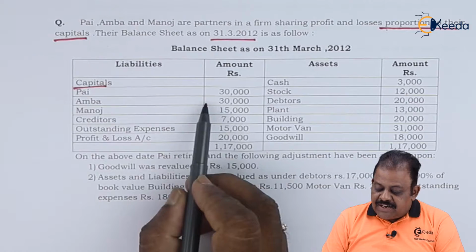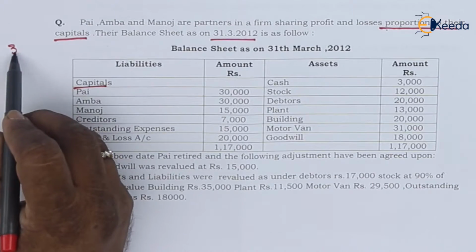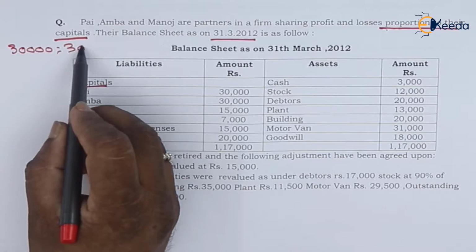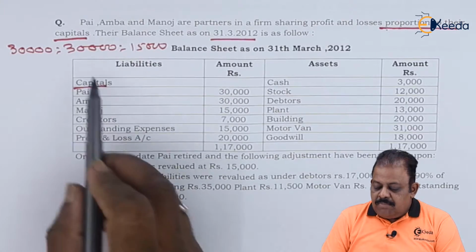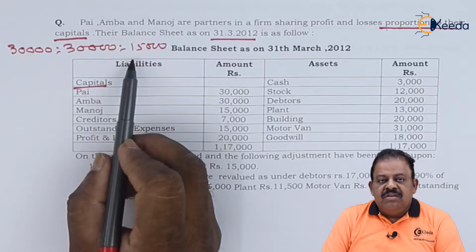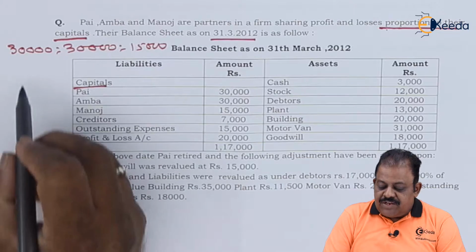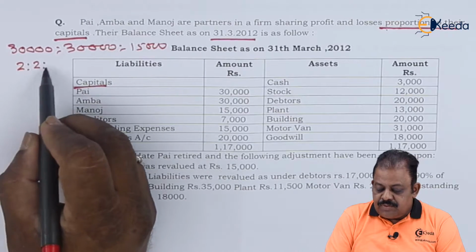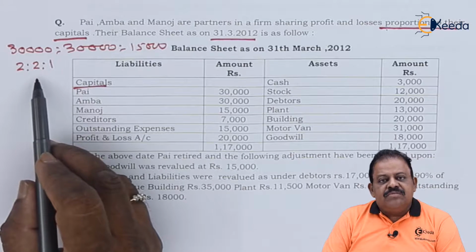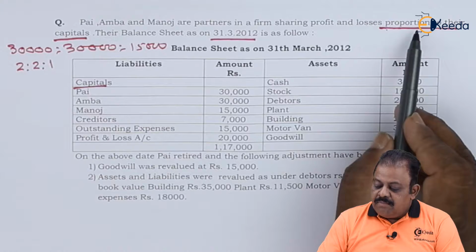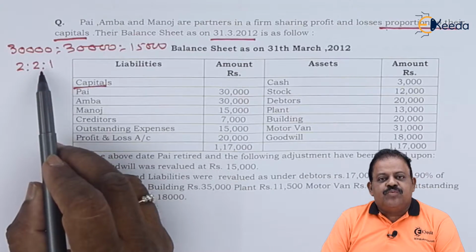So their capital ratio will be 2:2:1. This is the capital ratio and the same will be their profit sharing ratio.